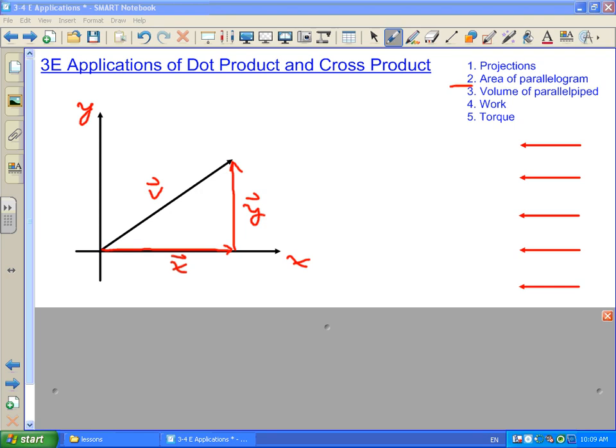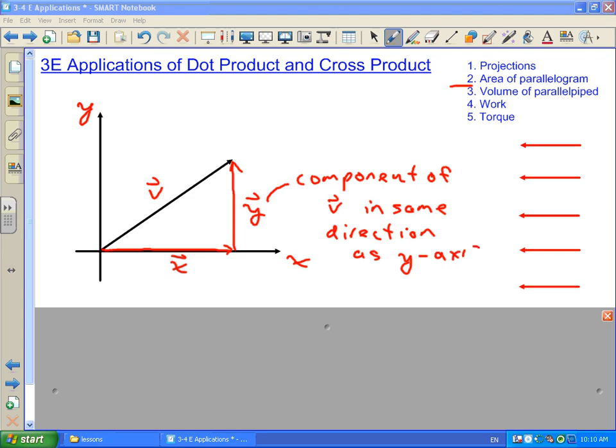And what these things represented were, well, y here represented the component of v, our original vector, that was in the same direction as the y-axis.